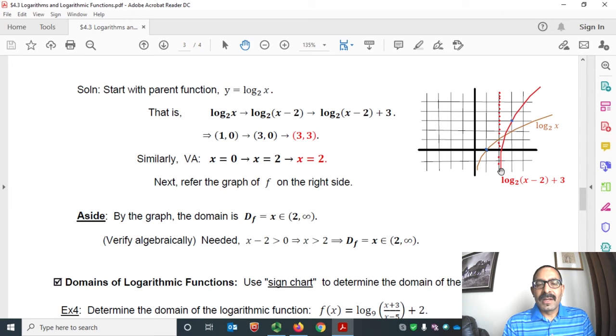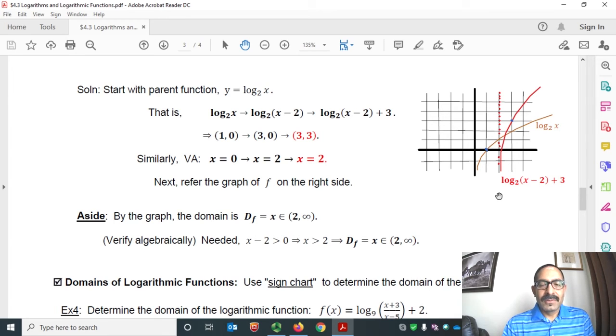So the graph of this transformed log function is this one. By the way, I also have the parent function here, y equals log x to the base 2. So we started from here, used the transformations idea, and found the graph of this given logarithmic function. Great. I hope this makes sense to you all.